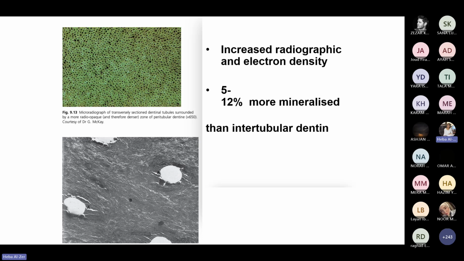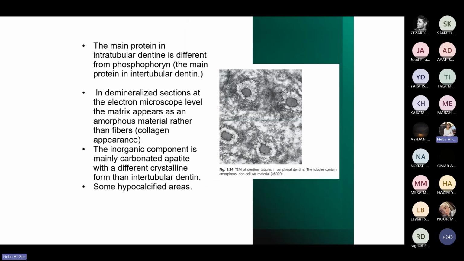Here it has higher opacity in radiographs. The collagen protein inside the tubules is different than the collagen proteins in the intertubular dentine. In the intertubular dentine, it looks like fibers, but inside the tubules, it's amorphous, which makes it easier to mineralize, makes it highly mineralized.